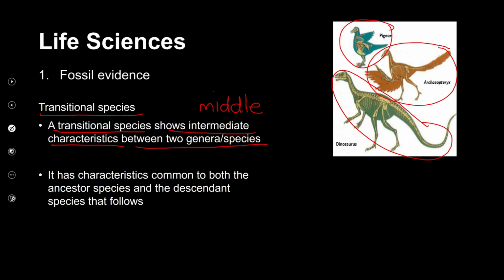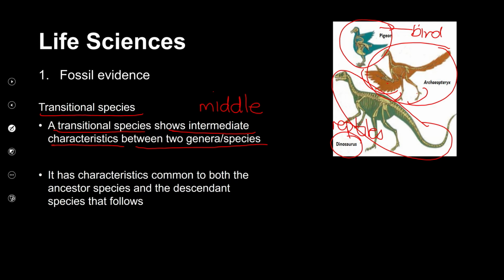So it had characteristics common to the bird, as well as characteristics common to reptiles, because remember, dinosaurs were reptiles. They had claws and scaly legs, but there were also feathers and wings.